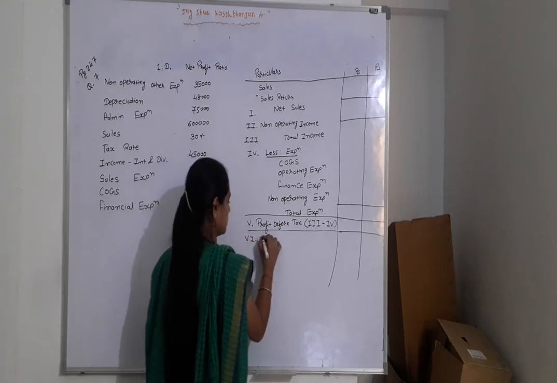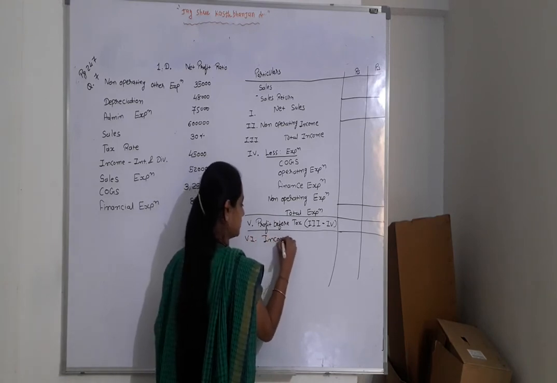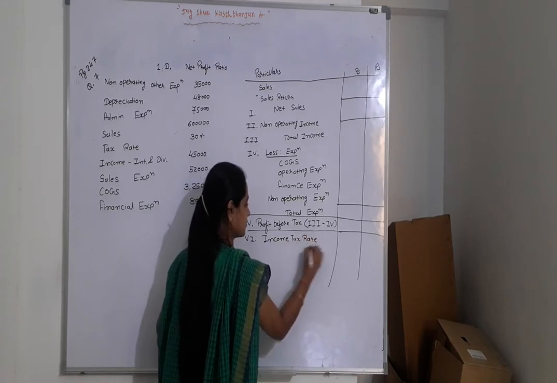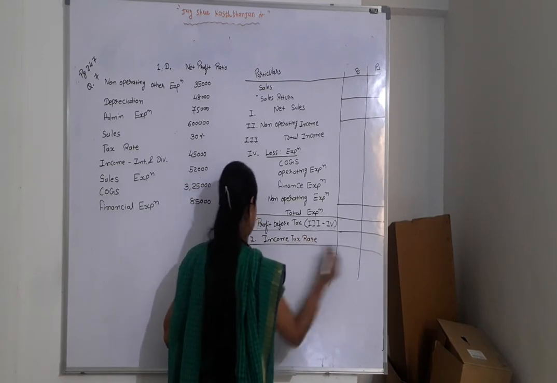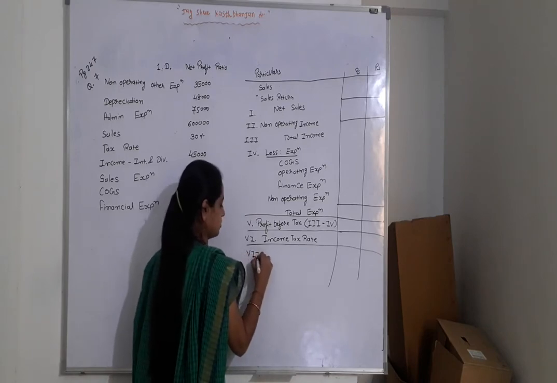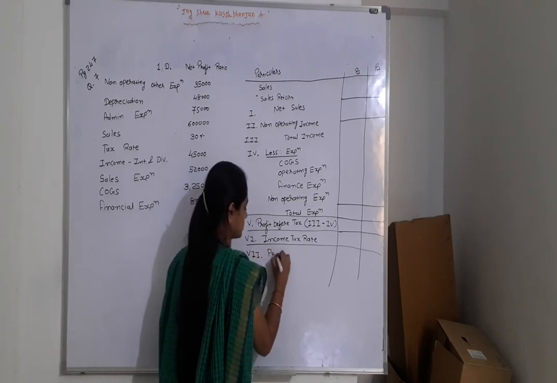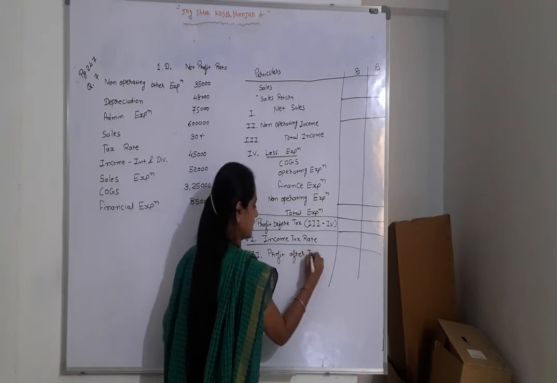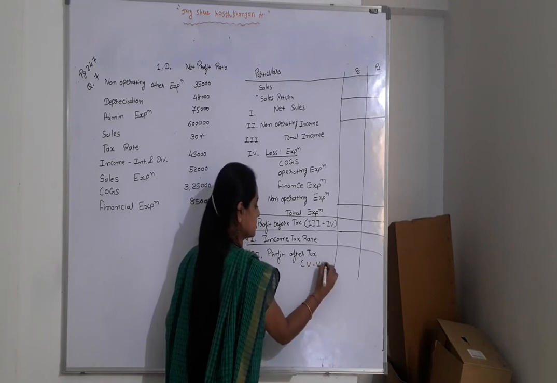Sixth, income tax rate. And seventh, profit after tax, that is 5 minus 6.